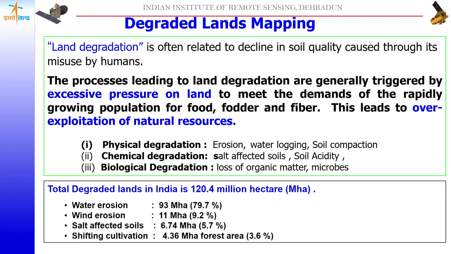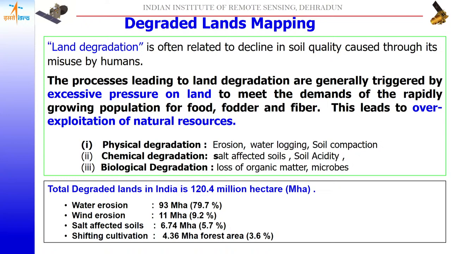Now I have another main area. Soil gets degraded because we are misusing the soil. We are putting fertilizer, we are giving irrigation, or there is other excessive pressure, faulty agriculture management, or because we want to extract more and more from the soil. So soils are getting degraded.